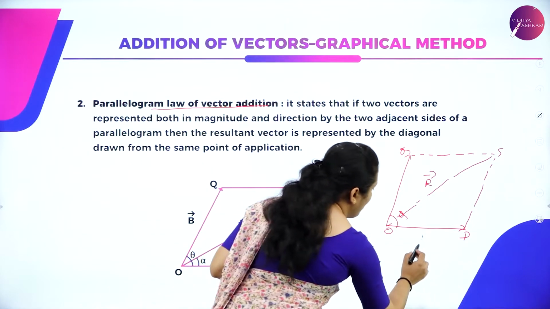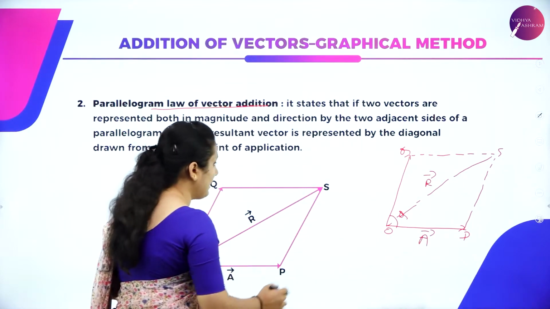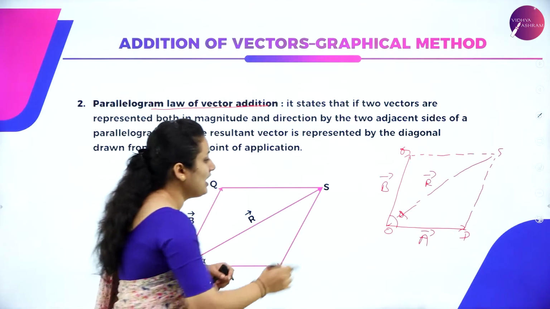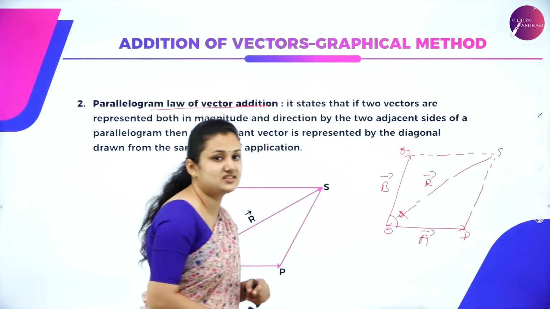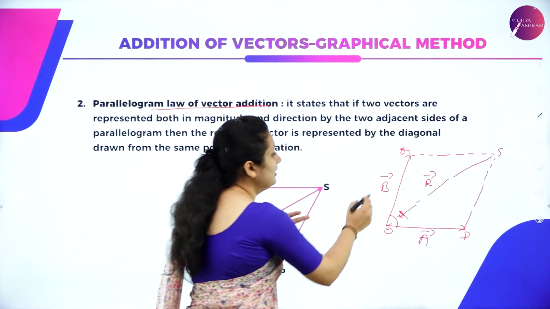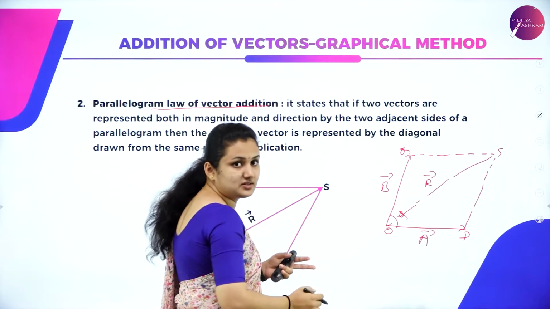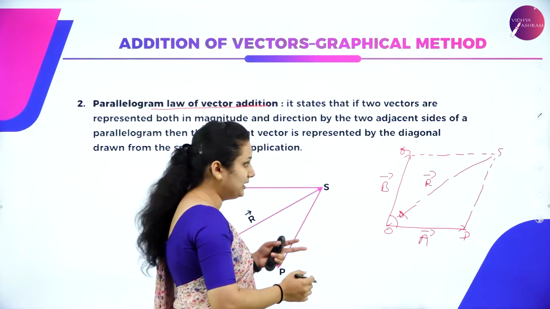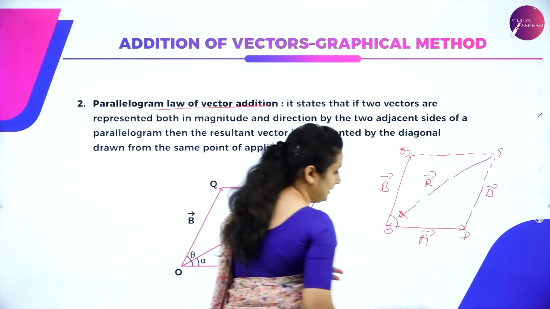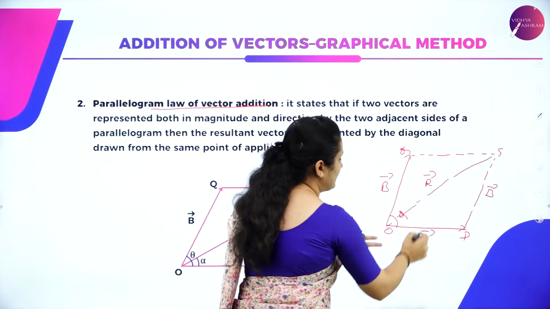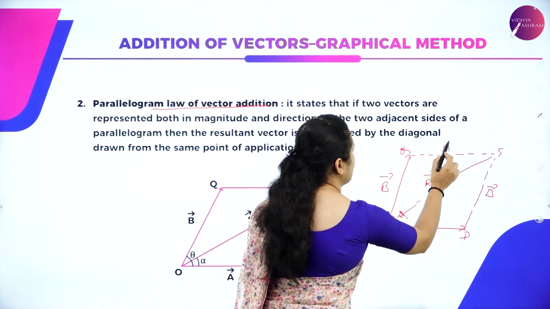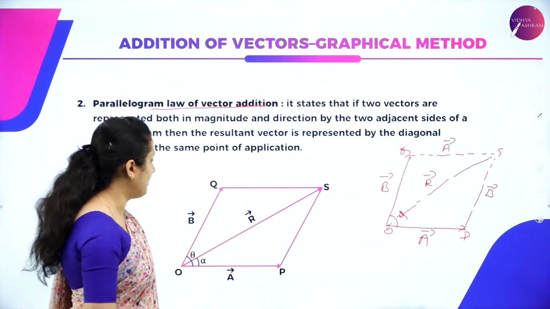So if the OP side is represented by vector A, then the OQ side is represented by vector B, and OS is the diagonal that gives the resultant vector R. Since the sides of the parallelogram are parallel, if OQ is represented by vector B, then PS is parallel to OQ and is also represented by vector B. OP is parallel to QS, so QS is also represented by vector A. So this is your parallelogram.